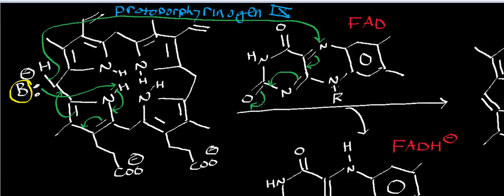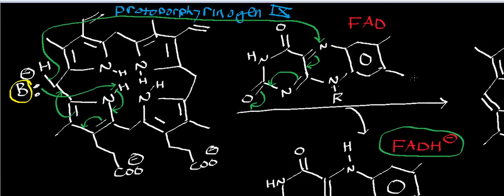Now, before we really get into the bulk of the actual oxidation of protoporphyrinogen, I want to take a slight detour and look at what happens to the FAD. Now, of course, it's FADH minus, right? I want to take this detour because this process of FAD reduction is going to essentially happen 3 times in this mechanism.